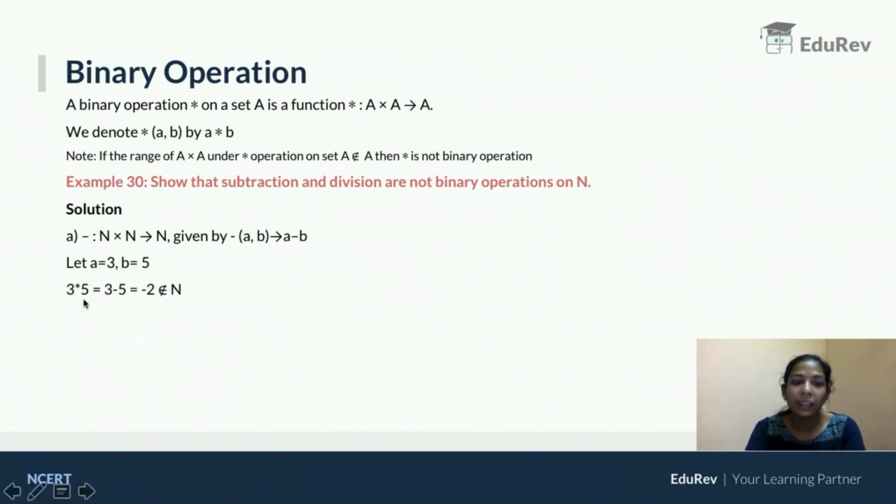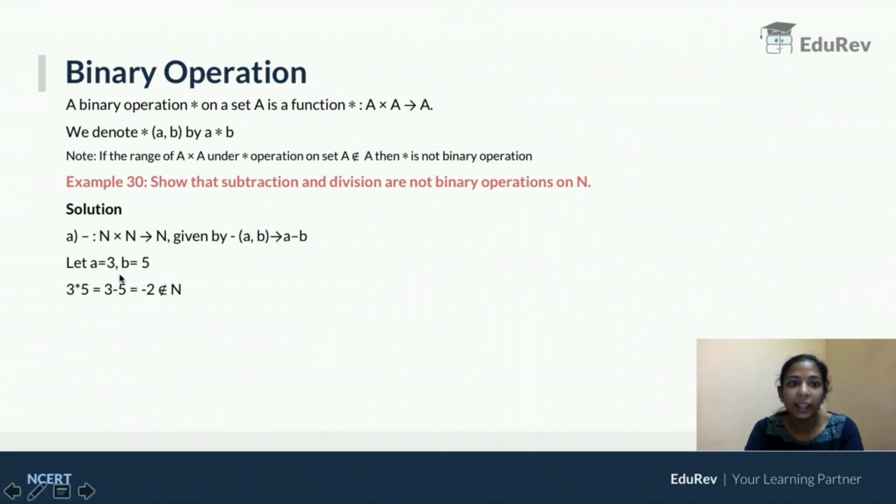So what will be 3 star 5 here? That is the operation. It's simply 3 minus 5. What will be that value? Minus 2. Will minus 2 belong to natural numbers? No. So when I'm doing an operation on the ordered pair of natural numbers, my output or my range is coming as something which does not belong to my codomain.